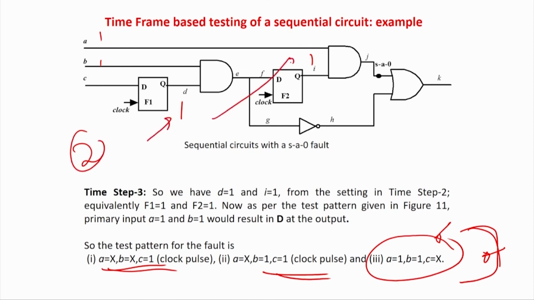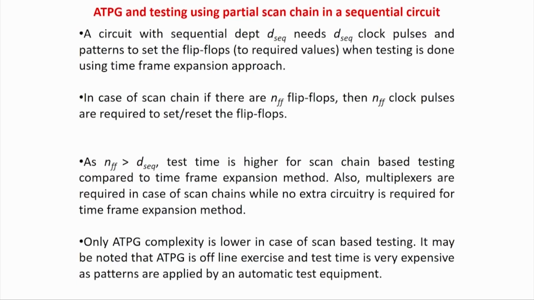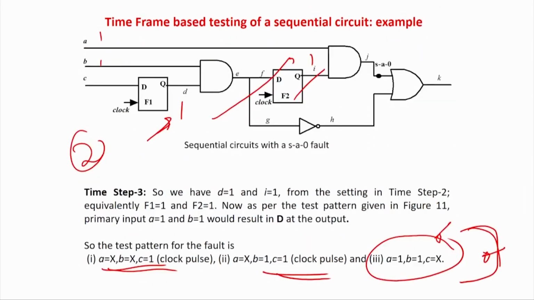So test pattern application time is the same both for scan as well as for the normal mode of the circuit, because I have to set these 2 flops to 1 1 to make the values required to test it. From this example it is clear that the time to test this circuit using scan is the same as the one without a scan, because in this case these two flip flops have to be set.